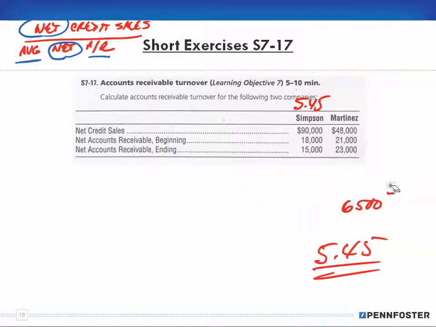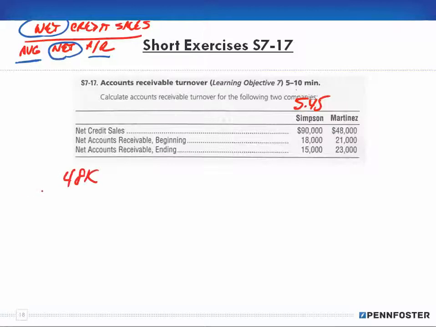And I'm working now on Martinez. It's going to be basically the same thing. I have 48,000, and then I'm going to divide it by my average accounts receivable, my beginning accounts receivable, 21,000 plus 23,000, and we're dividing that all by 2 because it's an average.